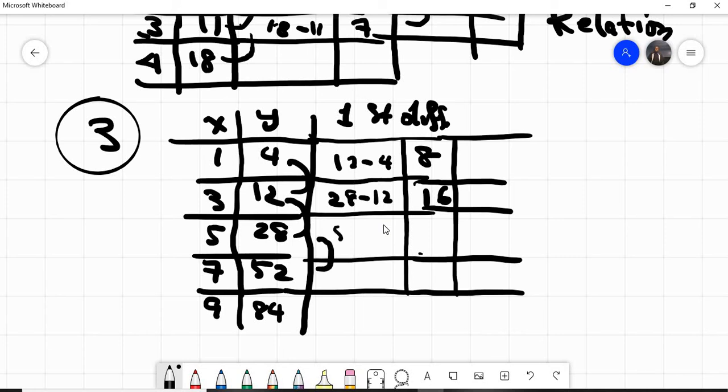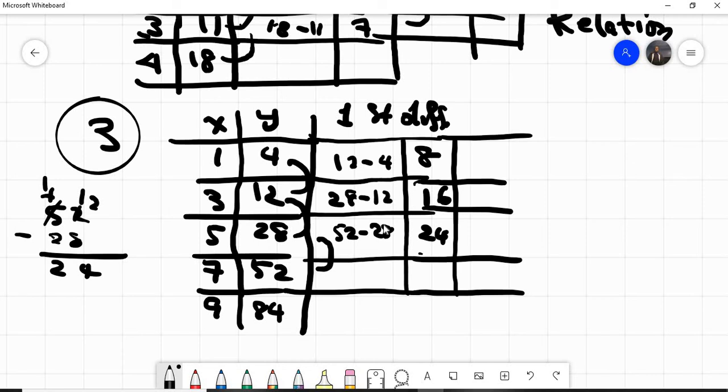Then 52 minus 28 is 24. Then 84 minus 52 is 32. So now we have to do the second difference because they are all different: 8, 16, 24, 32.